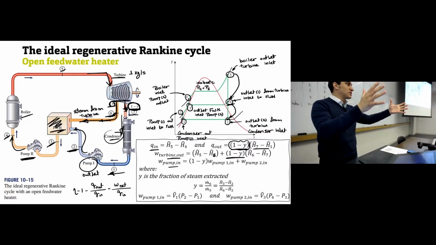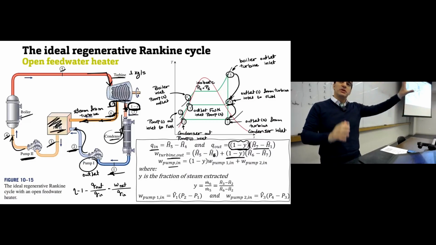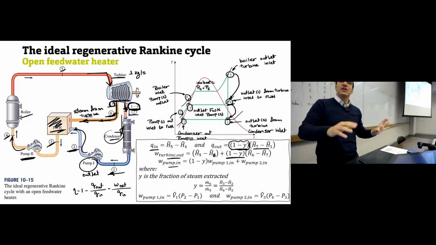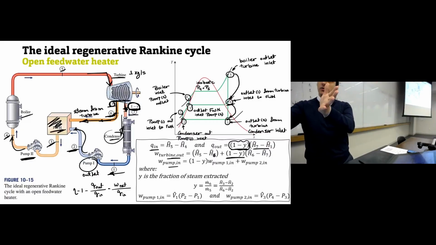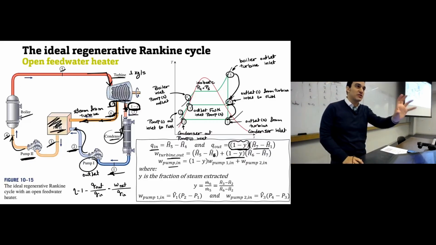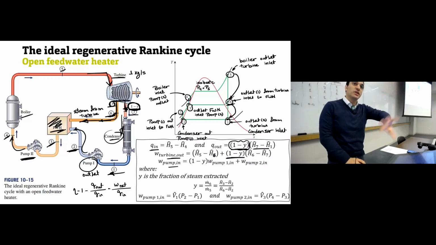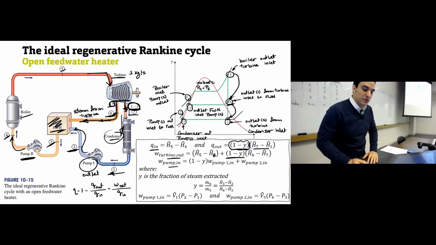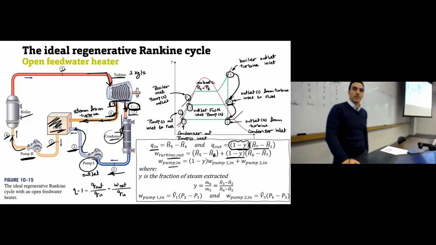All the working fluid inside the turbine has its enthalpy decreased from 5 to 6. Then only 1 minus y will continue the expansion from 6 to 7, because a certain fraction y is removed from the turbine and goes to the feed water heater. So this is why the turbine work is expressed this way.